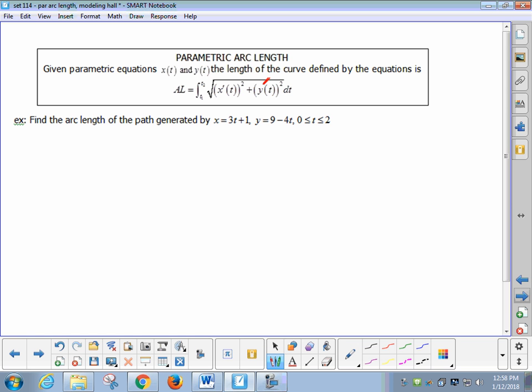Okay. So, would you use this idea on a really easy one? Find the arc length generated by those two parametric equations. You should not need a calculator.